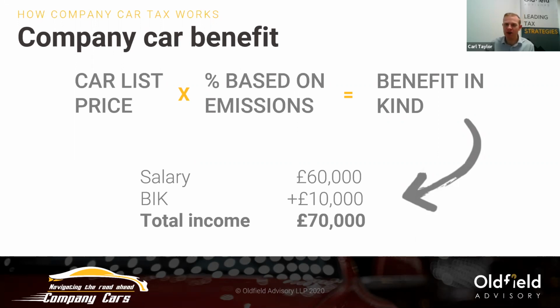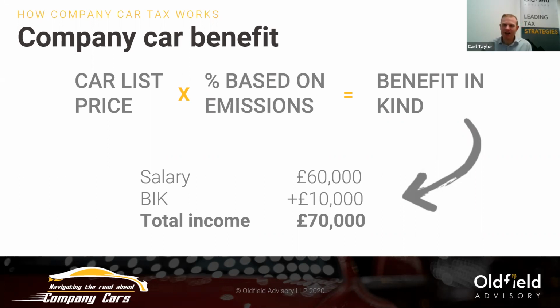So if there's a car provided for an employee or director and it's available for private use, then company car benefit is incurred. Ultimately the way it's calculated is by taking the list price of the car and multiplying it by a percentage which is set by HMRC, and it's based on the emissions of the car. And that gives you your benefit in kind.